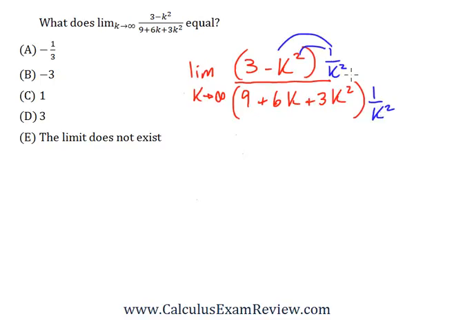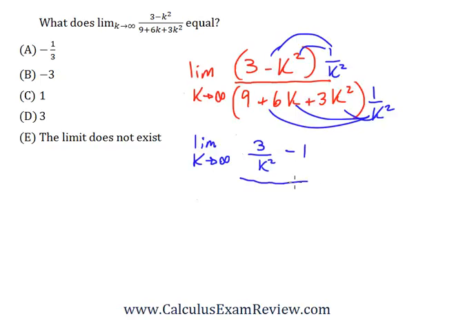And then we need to distribute and multiply by everything. So I can rewrite this as the limit as k approaches infinity for 3 times 1 over k, so that's 1 over k squared, so 3 over k squared minus k squared over k squared, which cancel out, so I just get -1, all over 9 times 1 over k squared is just 9 over k squared, plus 6k times 1 over k squared.